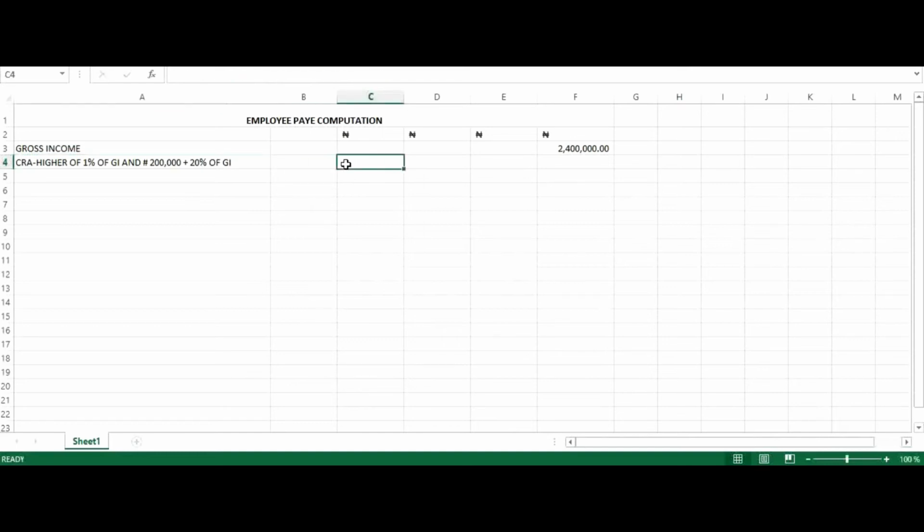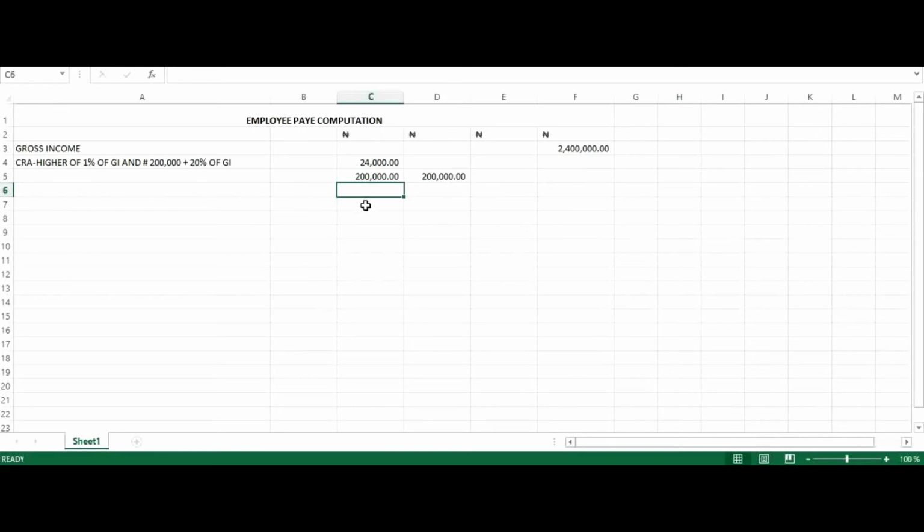The first thing is 1% of the gross income. And the second thing there is 200,000, whichever is higher, right? So we'll bring out 200,000 because it's higher.